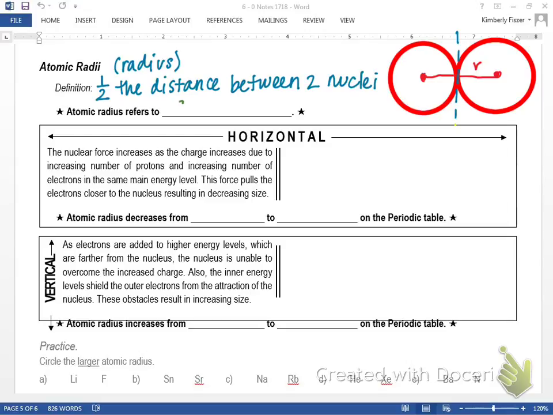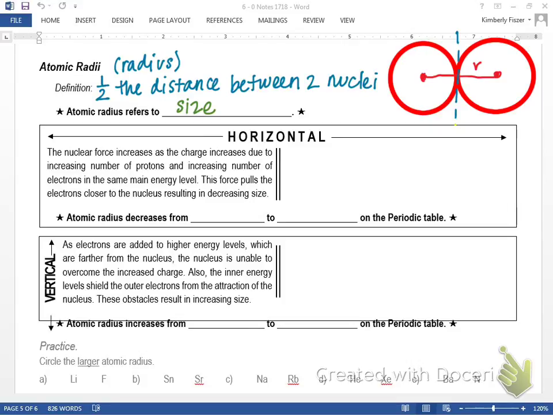So atomic radius refers to the size. You were so close. And yet so far. So we use the size of the atom. This is how we determine every other thing the atom does, is by its size.